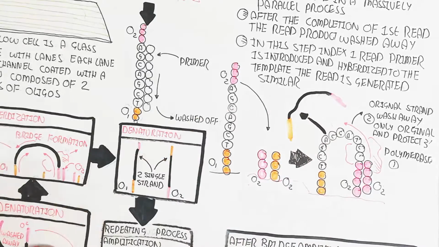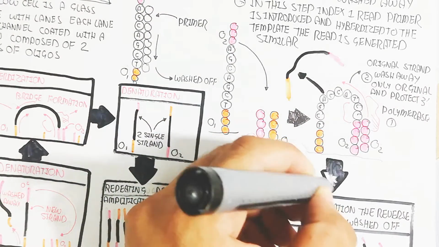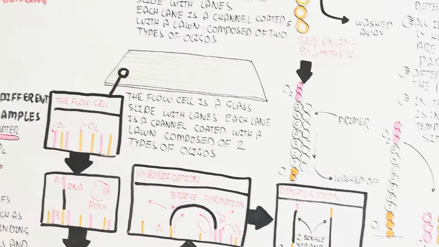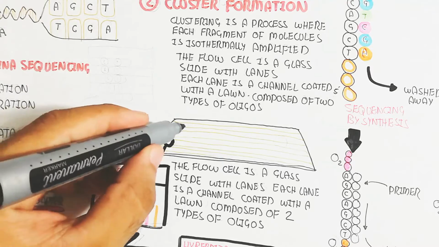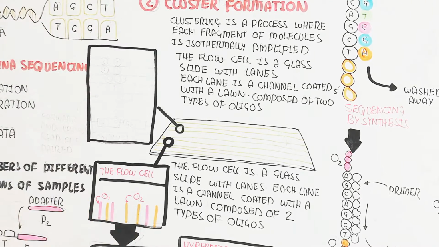Remember, this is a process which continuously cycles, and after bridge amplification the reverse strands are cleaved and washed off. So again this process will occur, which we discussed in the previous diagram.